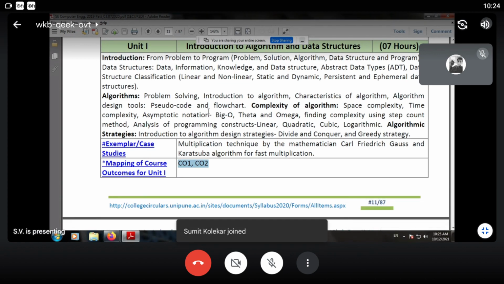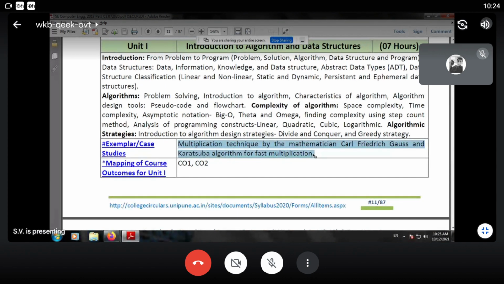So you can rephrase this problem statement and understand each part of it. If you understand the logic of fast mathematics, you can implement it. So this is a case study which is kept for you for completion of unit 1. Everyone got what is to be done? Yes, participants?